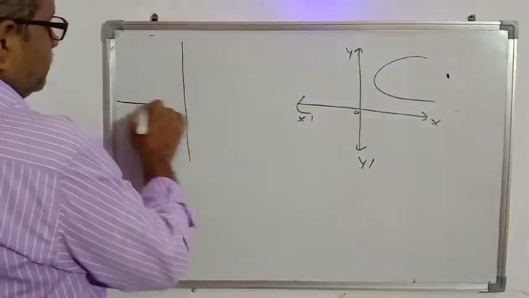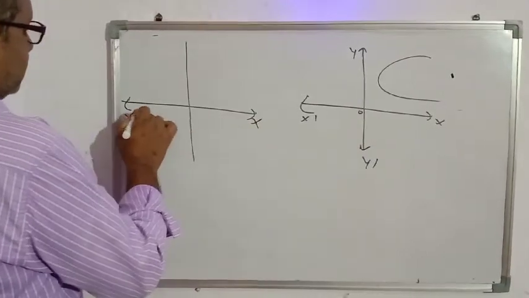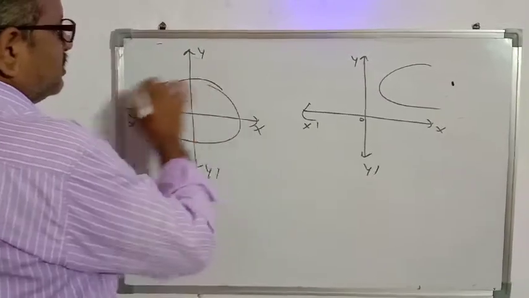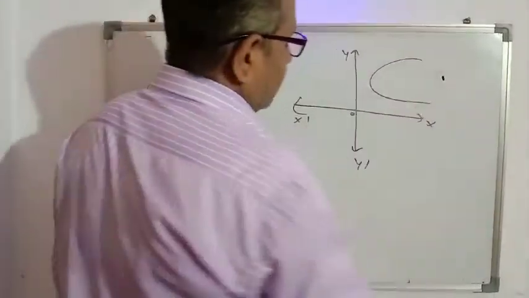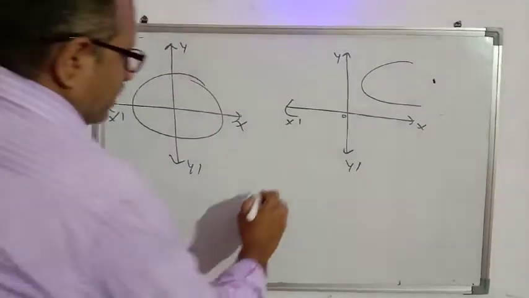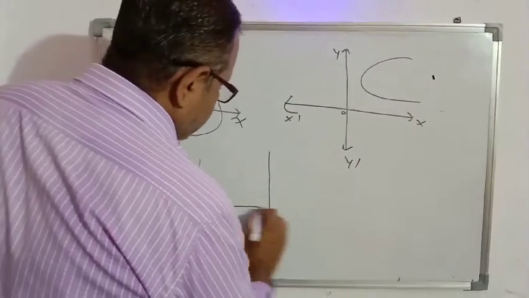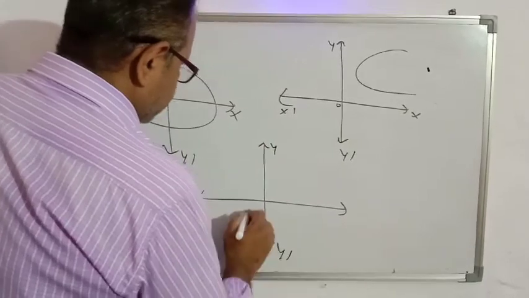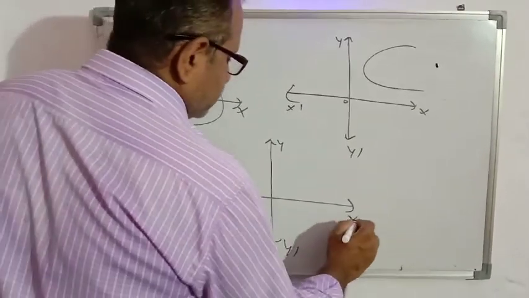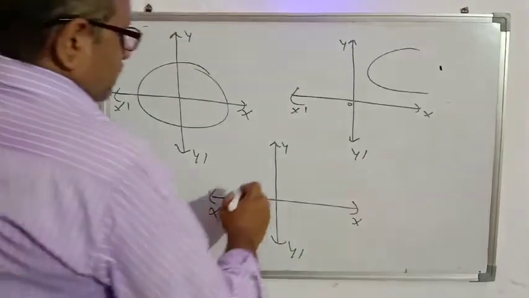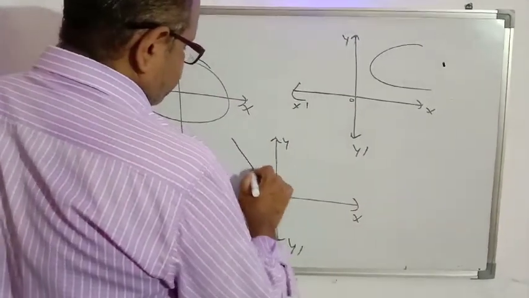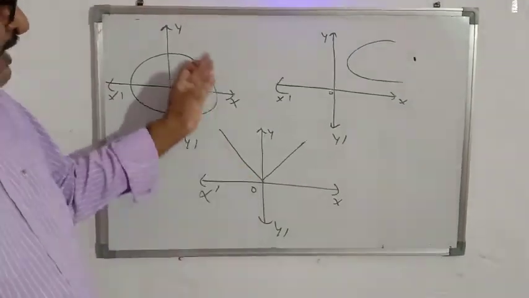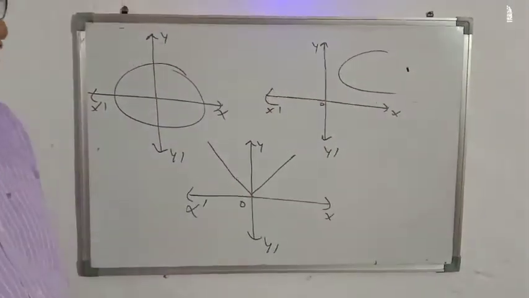Or like this. This is the circle. This is the parabola. And one more graph we can take. The next graph is like this. We have to tell which graph represents a function.